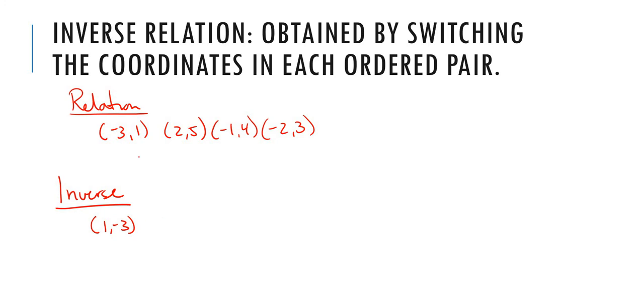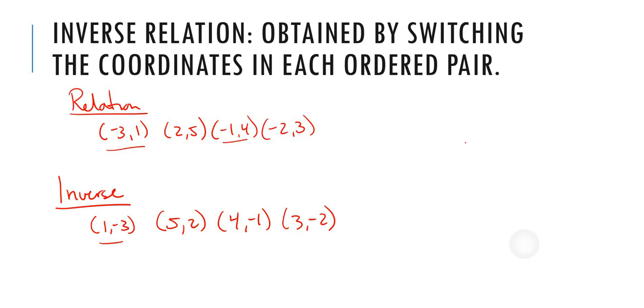You see I've just switched the x and the y from the first ordered pair. The next ordered pair, if I switch it, I get 5, 2. If I switch the third ordered pair, I get 4, negative 1. And switching the last ordered pair gives me 3, negative 2.